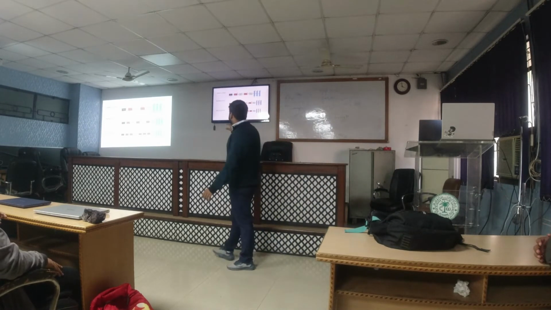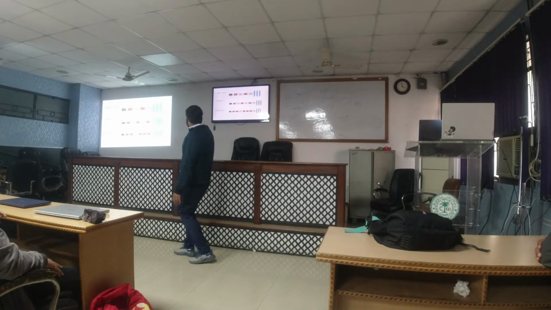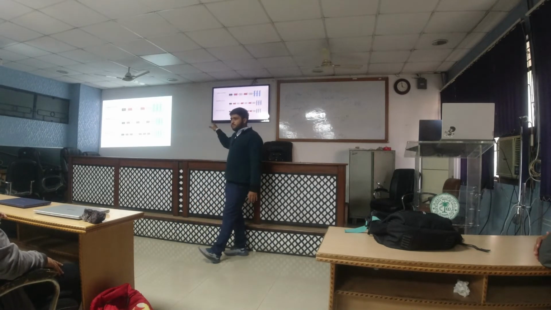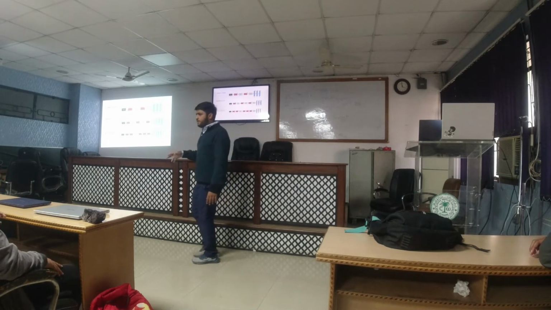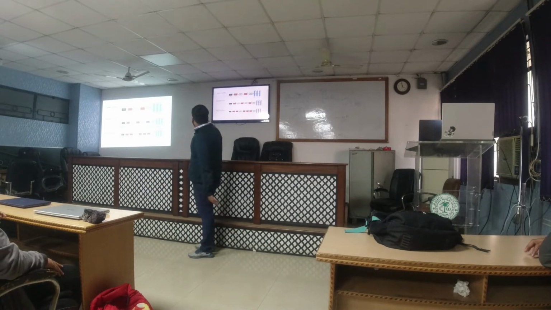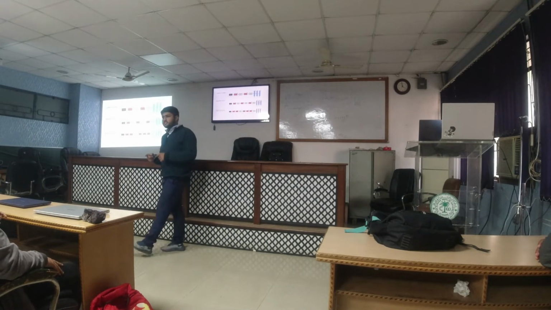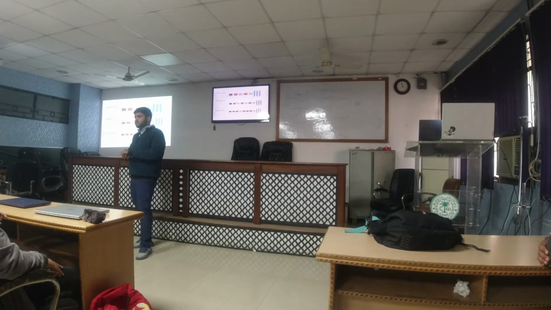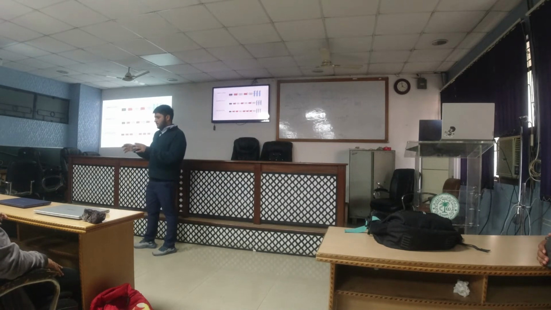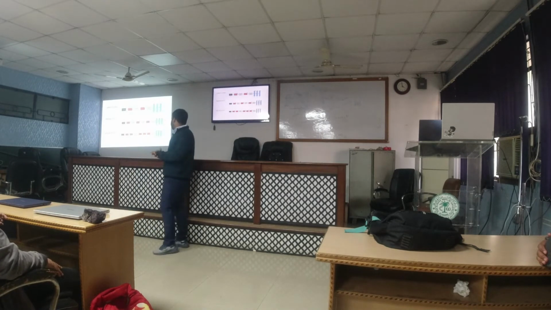Let me explain LeNet first. A 32 by 32 image was given to it. A convolution operation took place, with a 5 by 5 convolution filter. After that, average pooling was used in LeNet. I told you what average pooling is: the average of the matrix is taken from the input image and given to the output image.